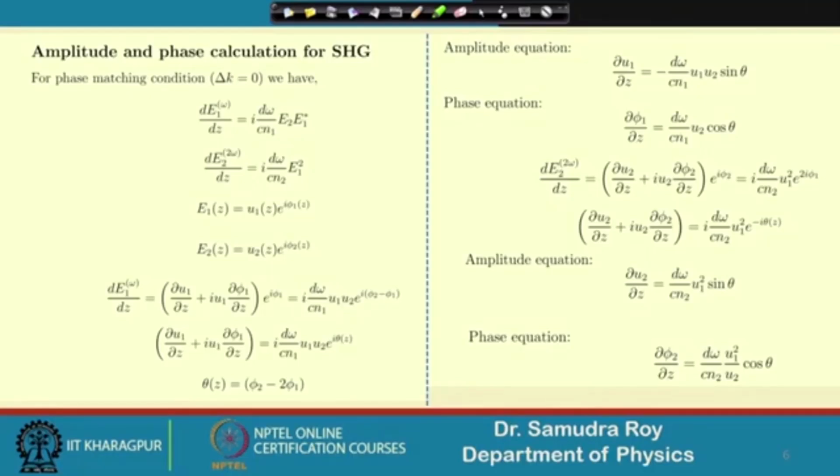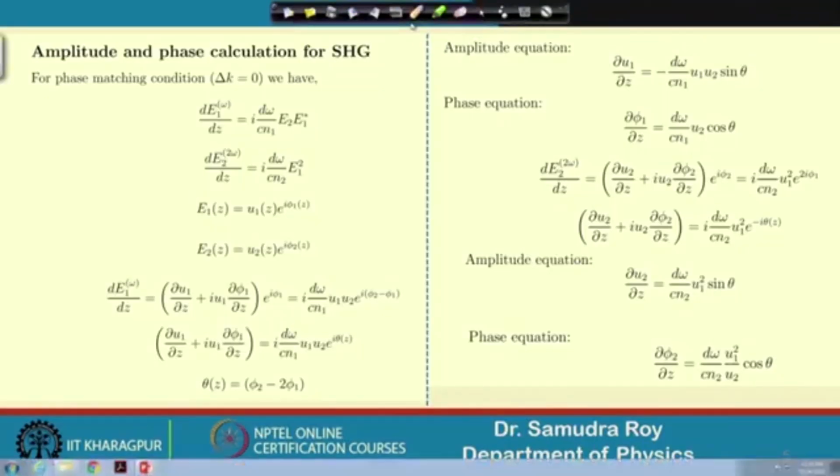This realistic calculation is important because we will not consider the fundamental electric field with frequency omega to be constant, since it is also changing. We have two coupled equations. Let us go back to the equations.